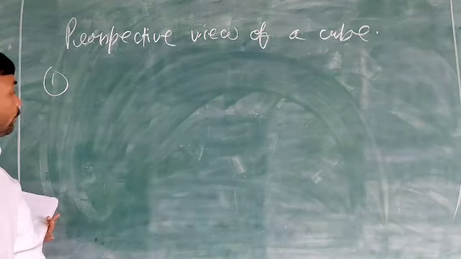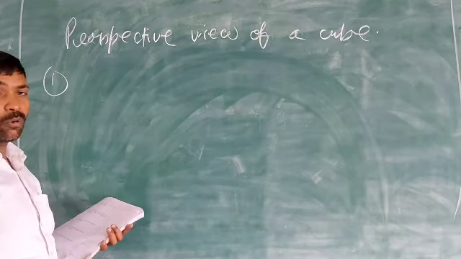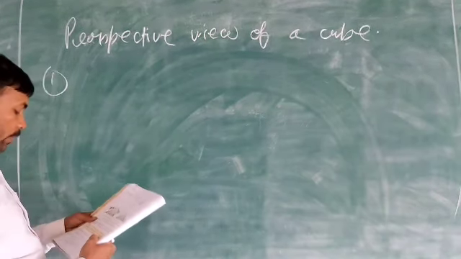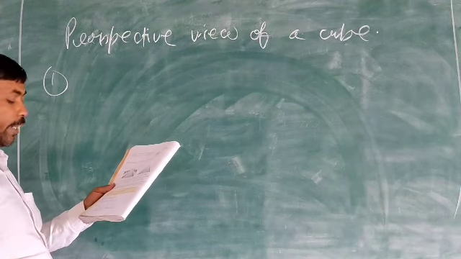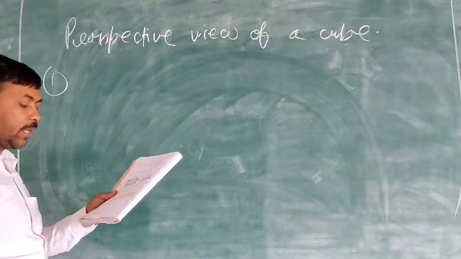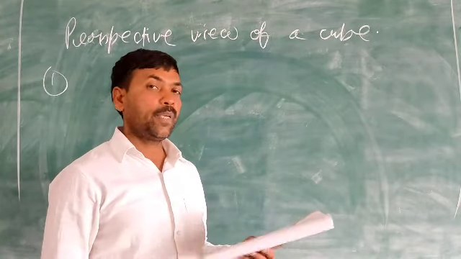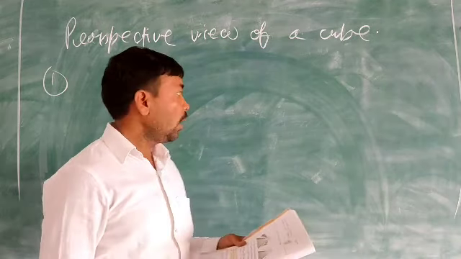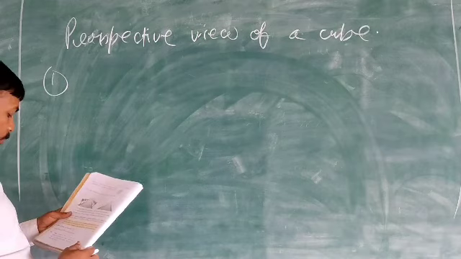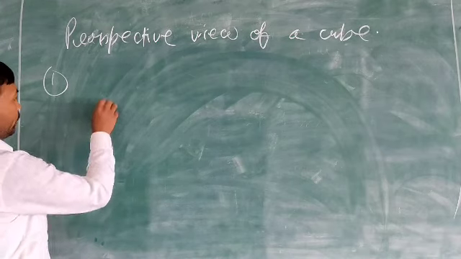What is the first step? First step, you have to draw a rectangular box. In the book it is given: place a piece of A4, that is 21 cm by 30 cm approximately. That is, first you take a page 21 by 30 cm, and suppose this is a page.